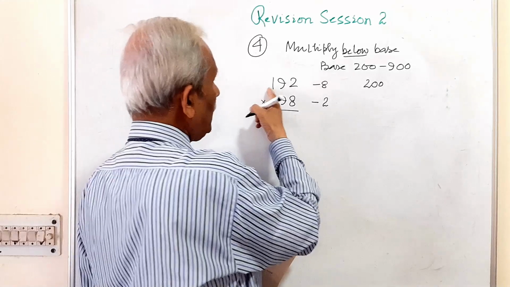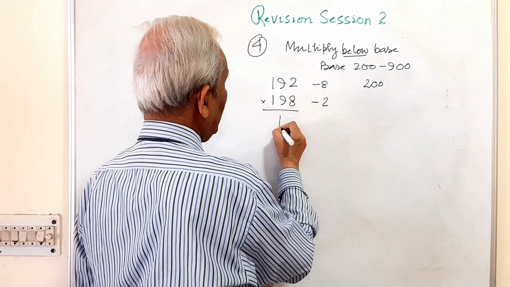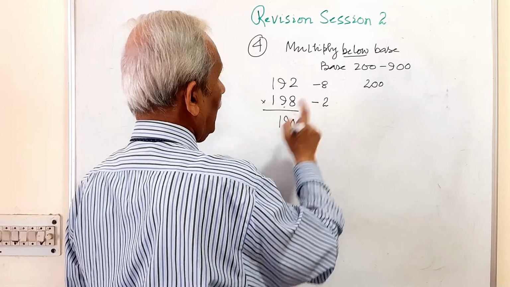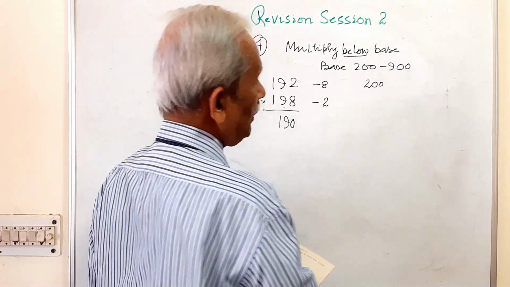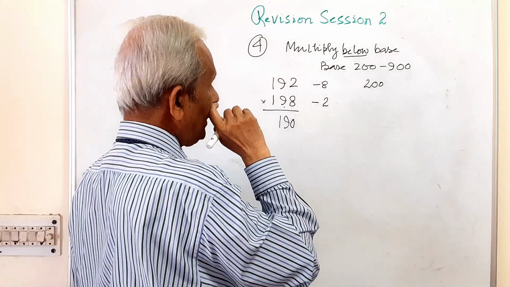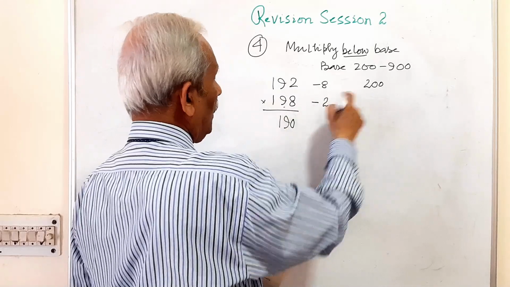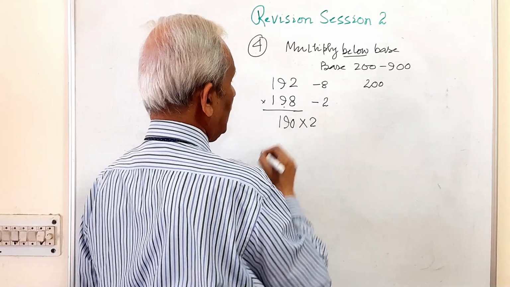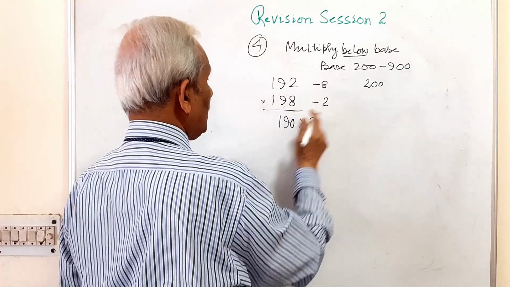Now, 192 minus 2 is 190, and this also the same, 190. Since the base is 200, instead of taking 100, we multiply this with 2.